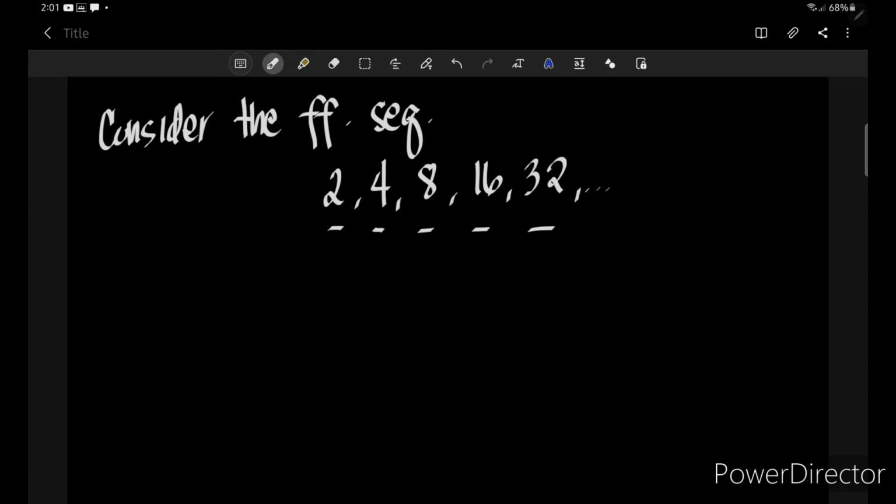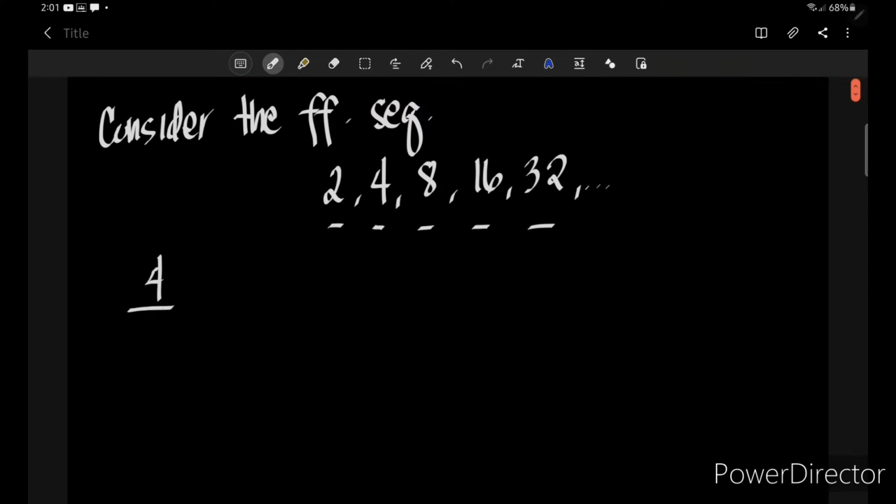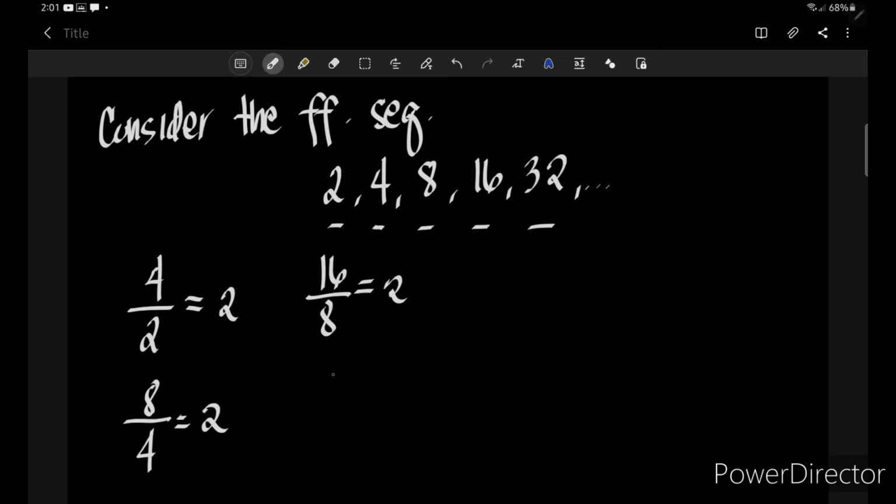Okay. Now, yung minumultiply natin na 2, yun yung pattern dito sa sequence na to. And observe, once na kinuha natin yung quotient nung succeeding term doon sa previous term, okay, 4 divided by 2 is 2. We have 8 divided by 4 is also 2. 16 divided by 8, 2. 32/16 is 2.